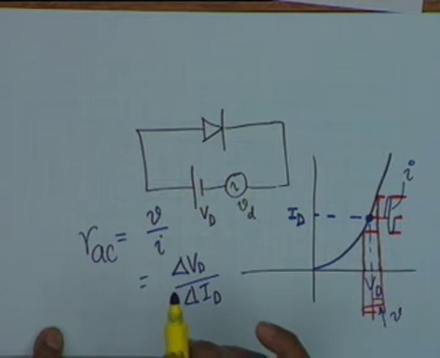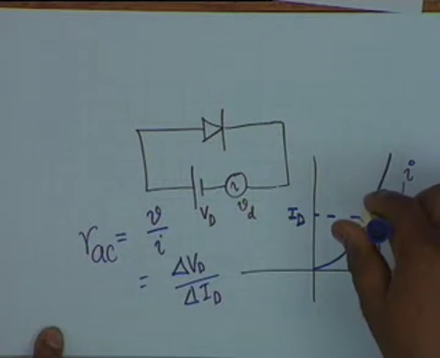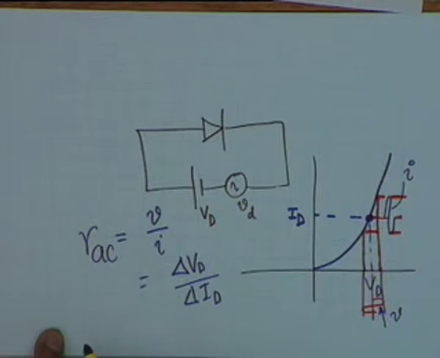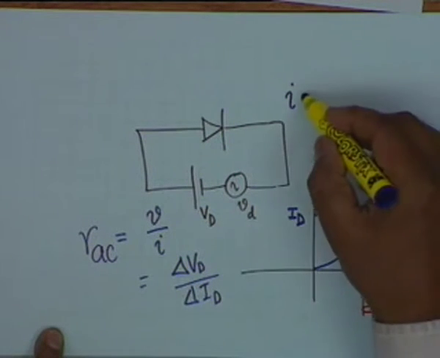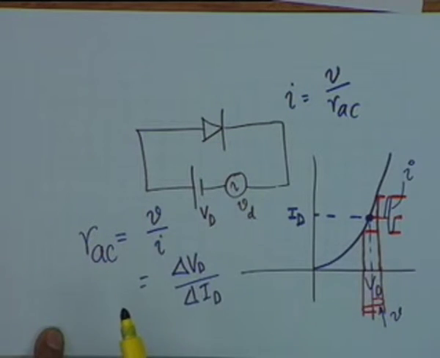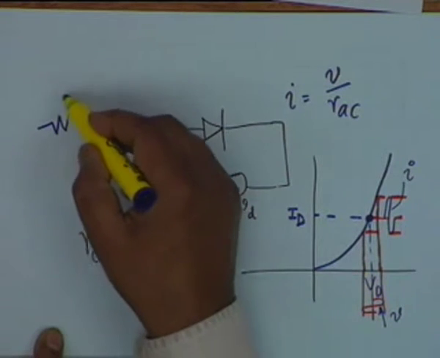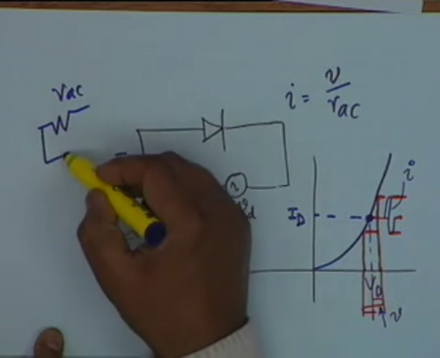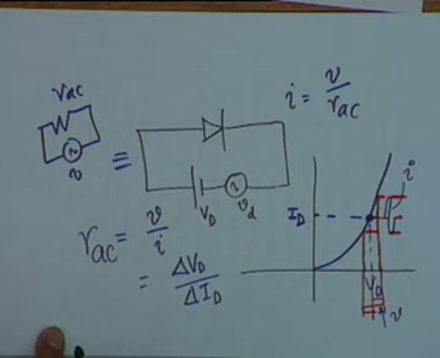And if it is implied that the diode is sitting at this Q point, then given a signal you can always find the signal current i as v by r_AC. In other words, the whole circuit can then be replaced by a simple resistance r_AC and a voltage v. We forget about the DC part.